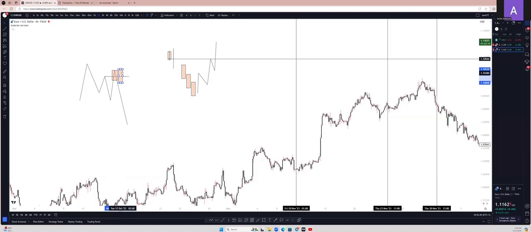This is the candle. This is your order block. Let's say this is your order block around here, and this candle around here. So this candle was responsible for the liquidity grab. Do you understand?